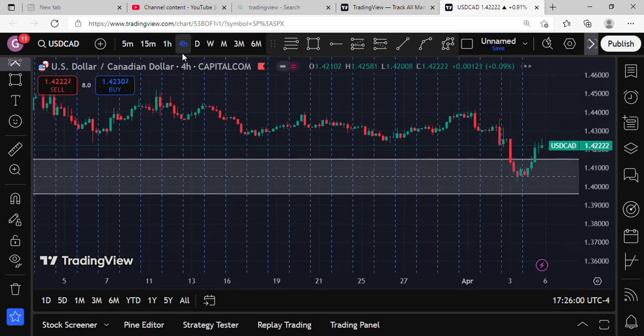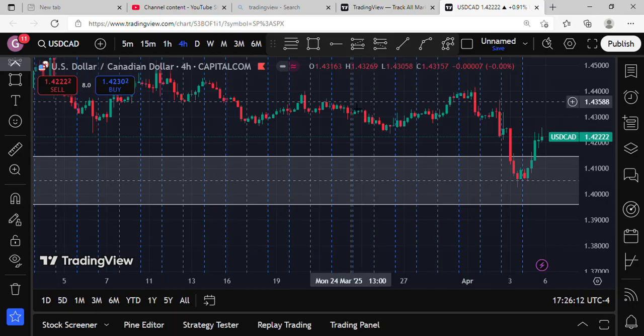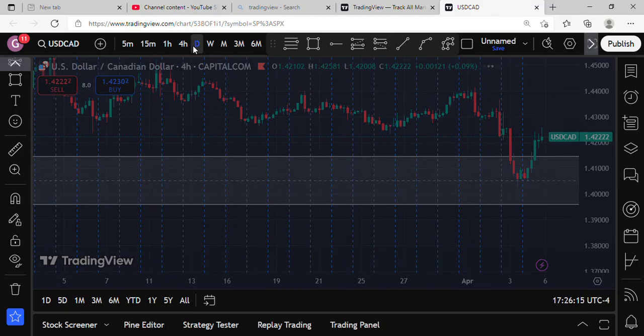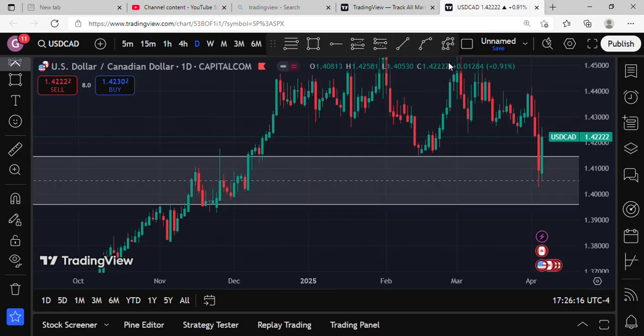Let's go into the 4-hour to make sense of this. We know we've swept liquidity right above this.